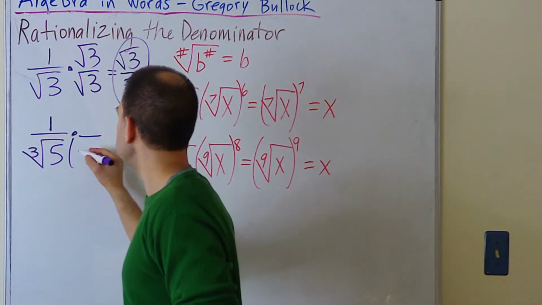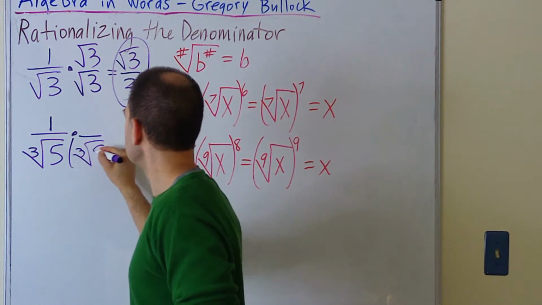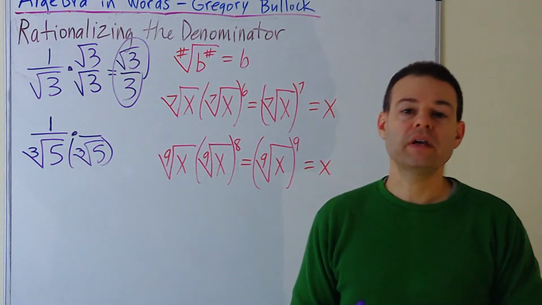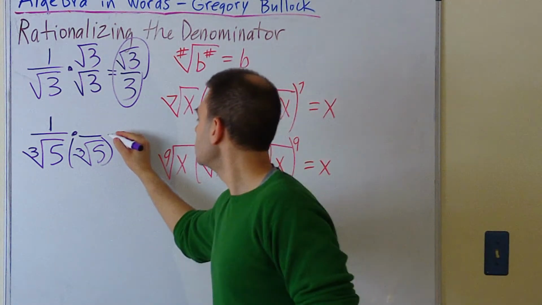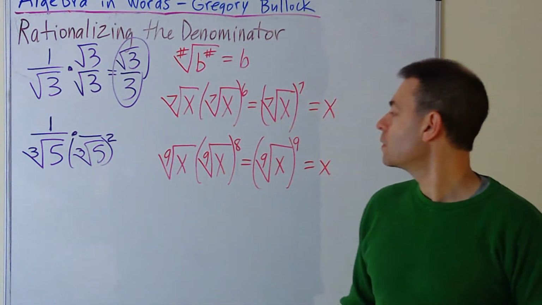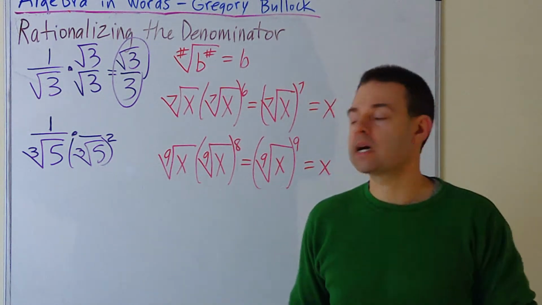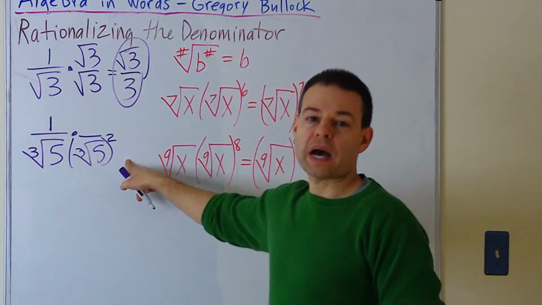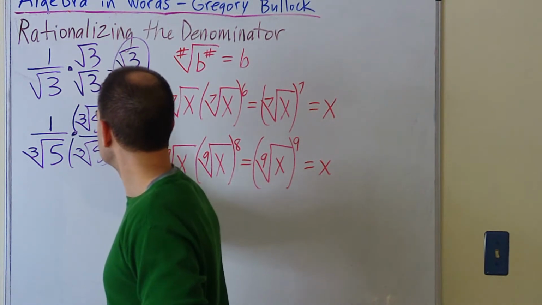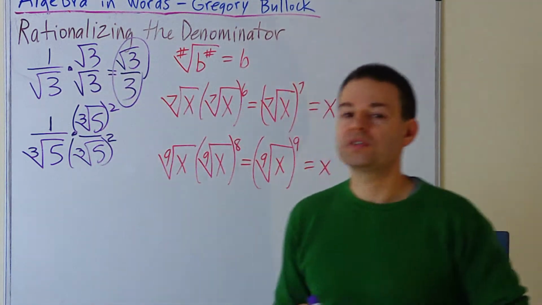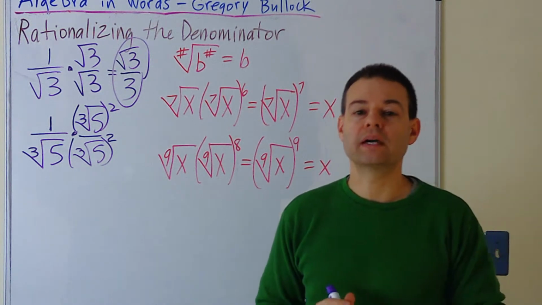So multiply it times the cube root of 5, and 1 less than the root 3 is 2. And make sure you do the same to the top. The same that you do to the bottom, do to the top. Which is the cube root of 5 squared.